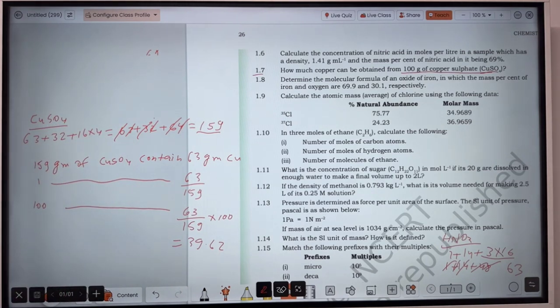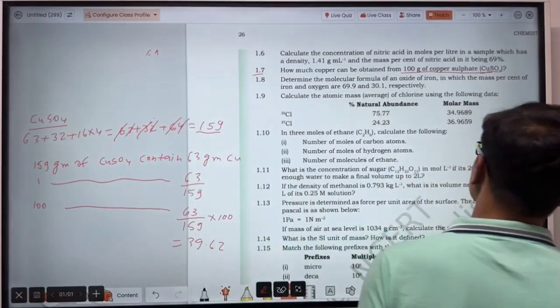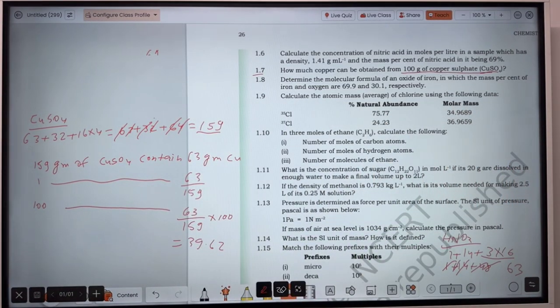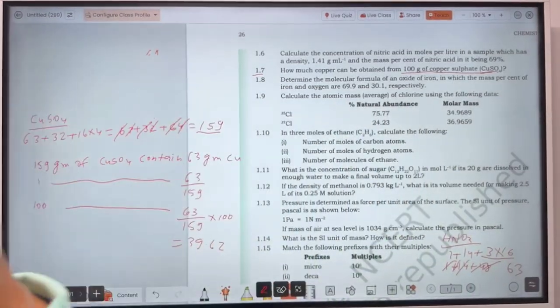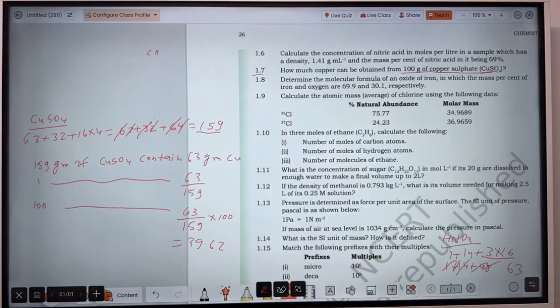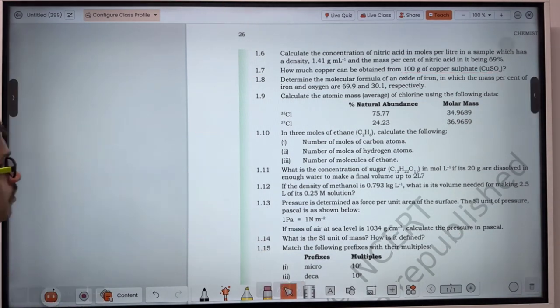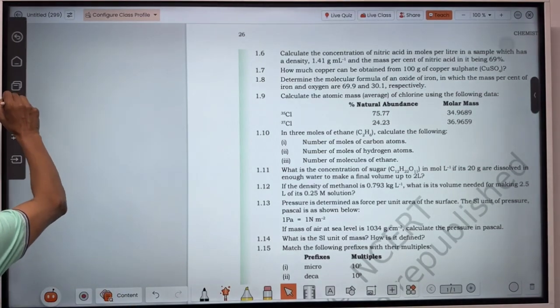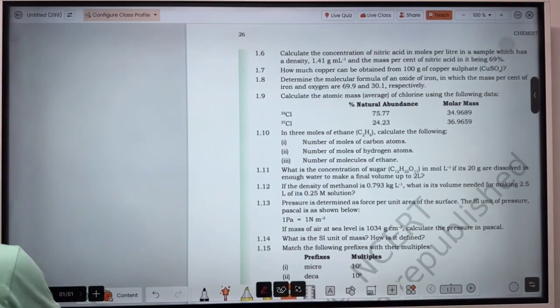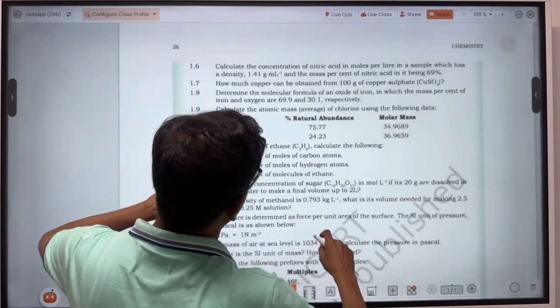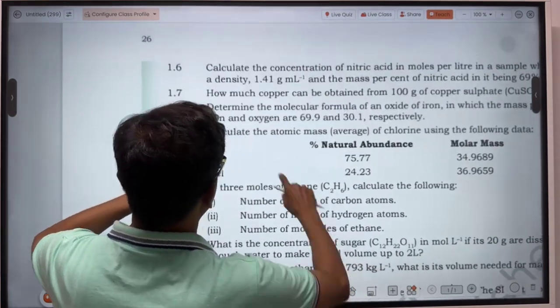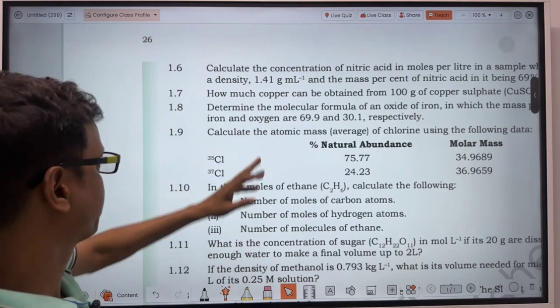Okay. Now let's see the next question, 1.8. Let's read the question first.